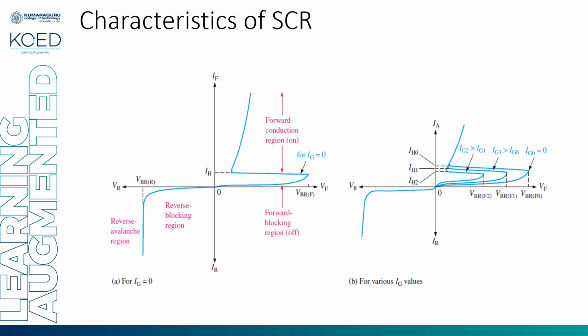When you increase the gate current, you attain VBO faster. That is, faster switching happens for higher gate current, which shows that proper biasing or proper triggering through gate current will turn on an SCR faster.